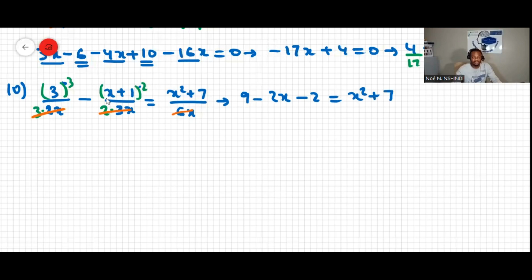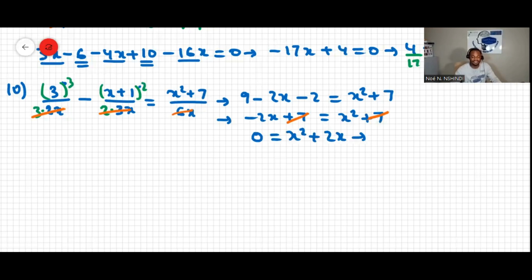Now we can group everything. I can move everything over here. It will be negative 2x plus 7 equal to x squared plus 7. Then we can just drop the 7 here, and I'll move the negative 2x to the other side. So it's going to be 0 equal to x squared plus 2x.